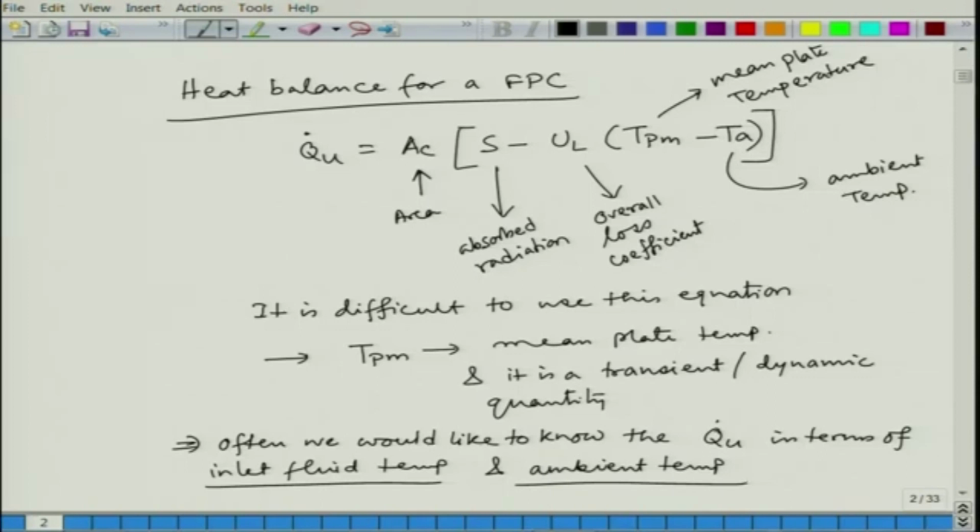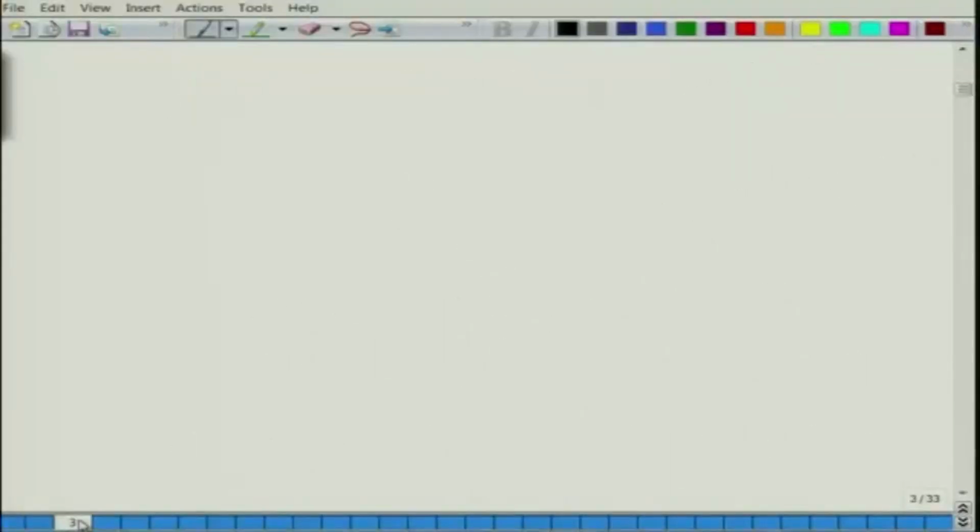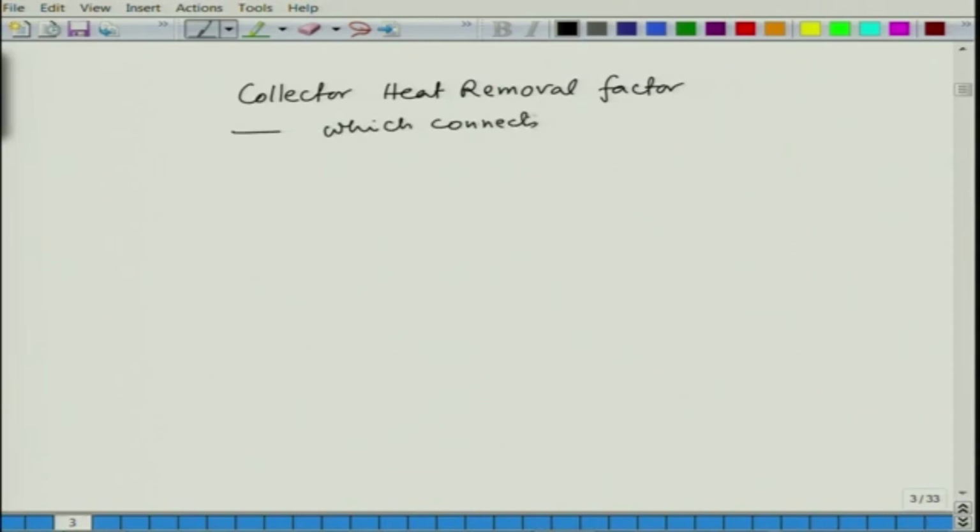Mean plate temperature looks very simple, but it is not very useful. It is more useful to use inlet fluid temperature. And to get that, what we require is called a collector heat removal factor, which connects the TPM and T inlet, let us say.